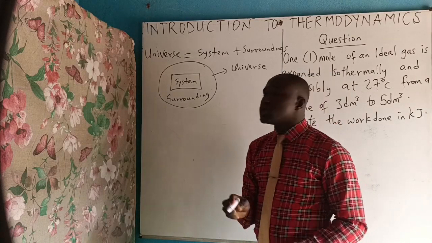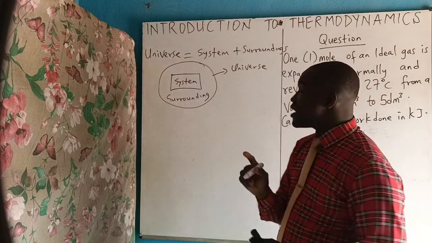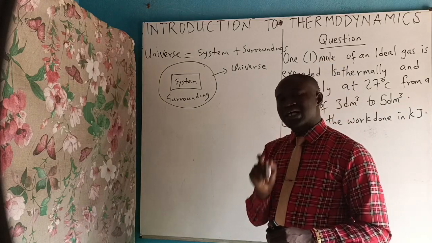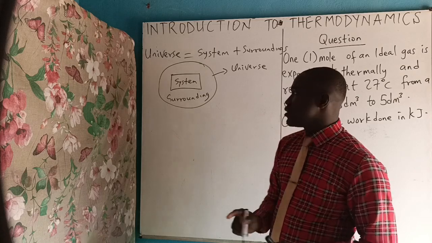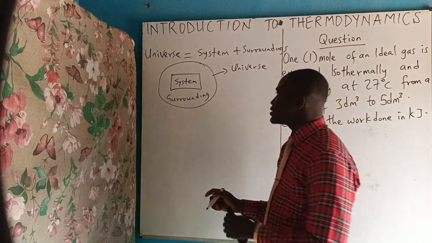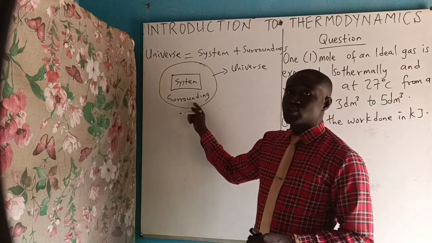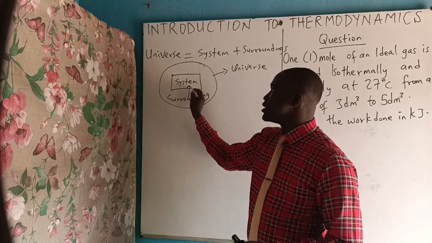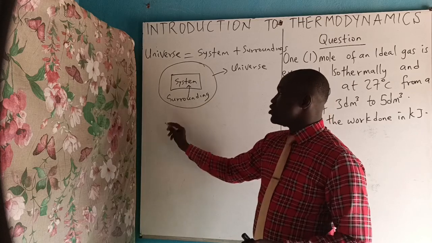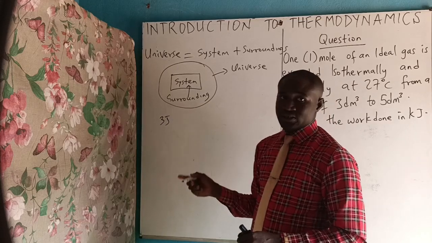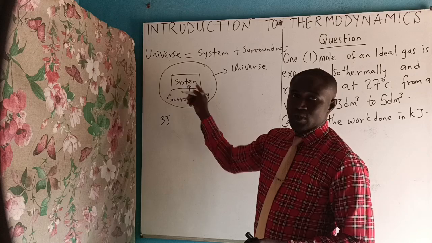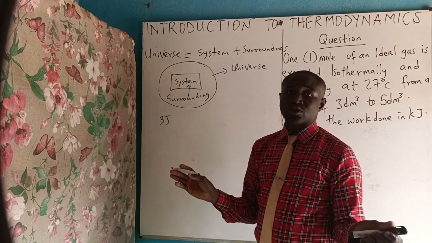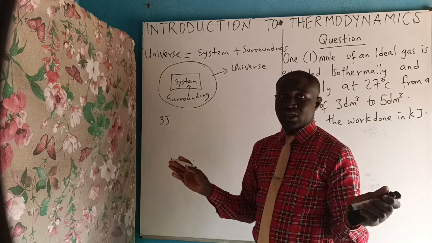Now, let's understand the concept of the first law very well. Energy can neither be created nor destroyed and can be transferred from one form or place to another. Look at what it means. If the surrounding loses energy to this system, let's say the surrounding loses 3 joules of energy to the system, the implication is that the system will gain it, and so nothing is created or destroyed.